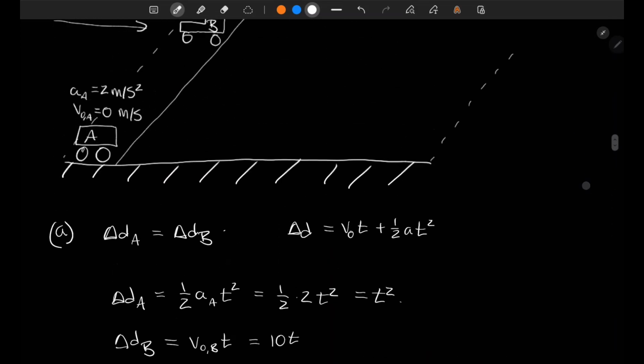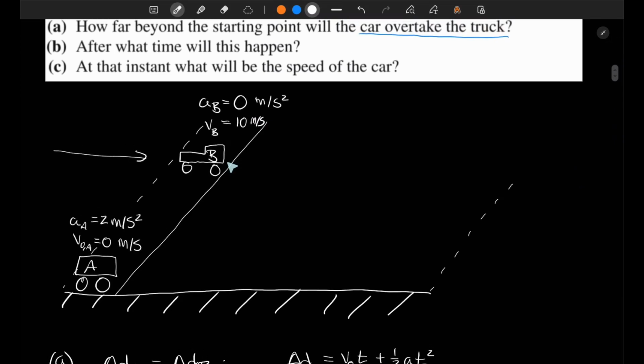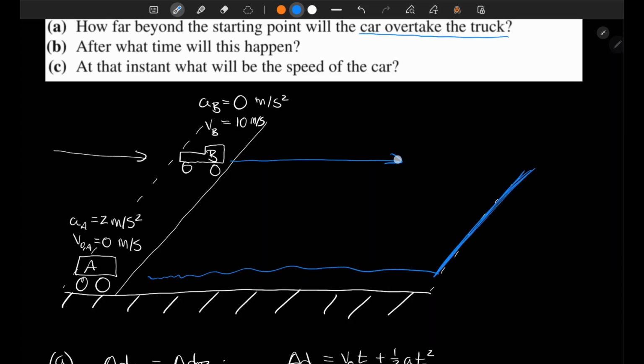Right? So what this means in our picture is that this truck is zooming by, right? And then the car kind of slowly speeds up, and then boom. At this point here, the truck is speeding along here.